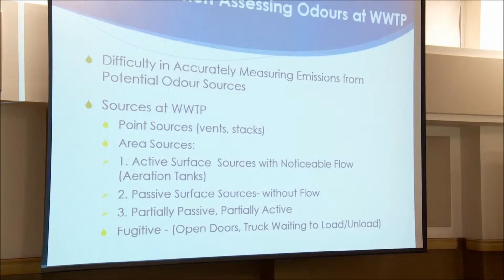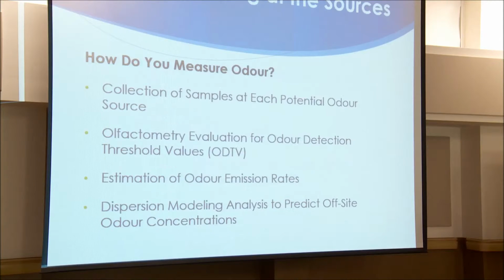For example, under different conditions, when the aerations are on and then when the aerations are off, there's a mixture of the sources. Fugitive sources, we call any open doors, trucks waiting to load or unload the material.